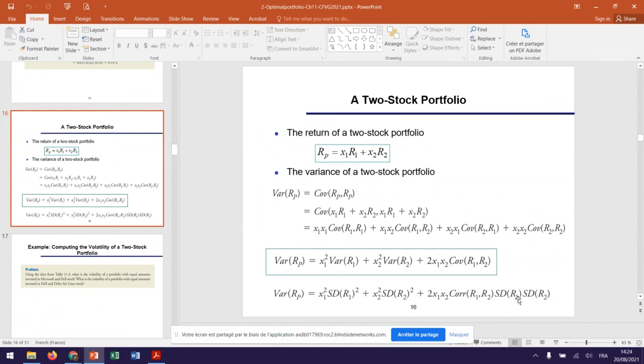If you look at this, the last term is the one that plays on the variance or the volatility of the portfolio. The lower the correlation you observe here, the more it reduces the overall portfolio risk, or even better if it's negative.